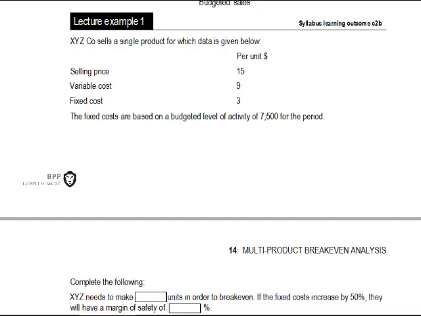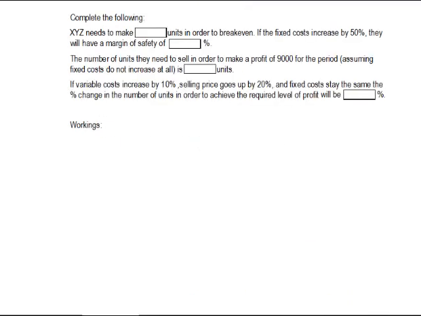We've got some sentences that we're going to have to complete. So the first thing I'm going to do here is I'm going to work out the total fixed cost. And if they used 7,500, if we multiply that by 3, the total fixed cost would be $22,500. So let's look at the first sentence.